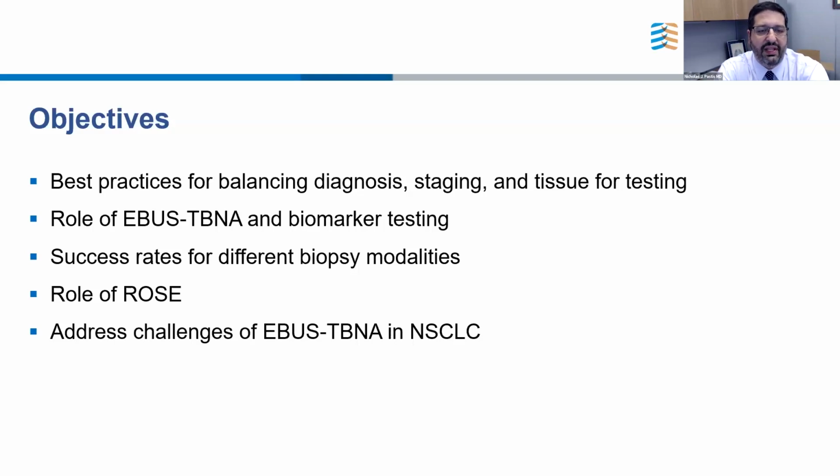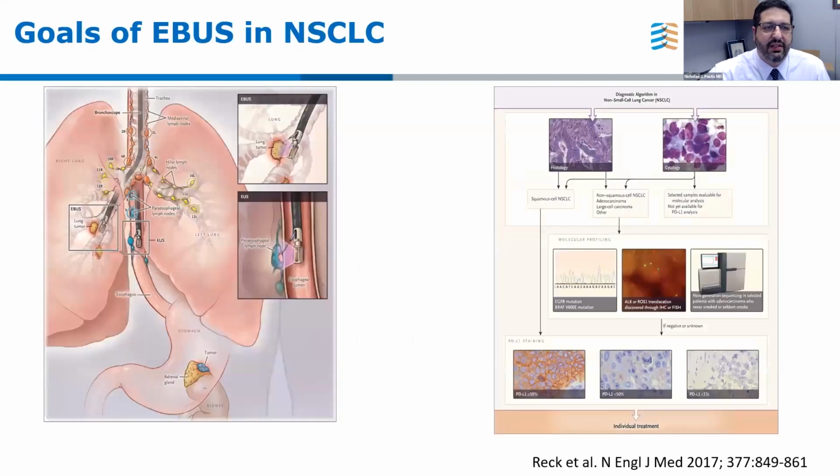What's the role of EBUS in biomarker testing? Success rate for different modalities as best we can with available data. What's the role of rapid on-site evaluation? And then I want to address, or at least make the audience recognize some of the challenges of EBUS TBNA for biomarker testing.